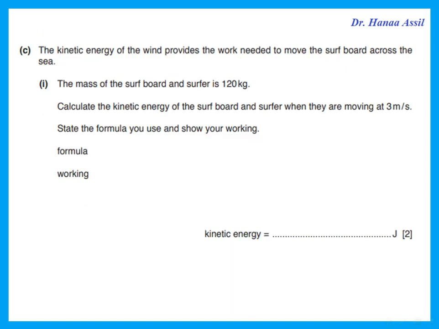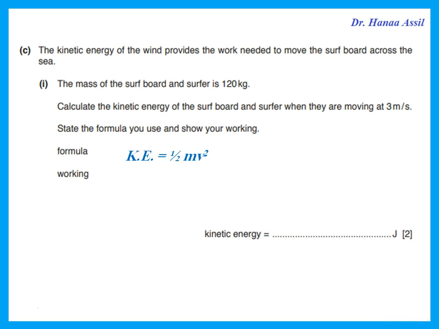The kinetic energy of the wind provides the work needed to move the surfboard across the sea. The mass of the surfboard and surfer is 120 kilograms. Calculate the kinetic energy of the surfboard and surfer when they are moving at 3 meters per second. How do we calculate kinetic energy?